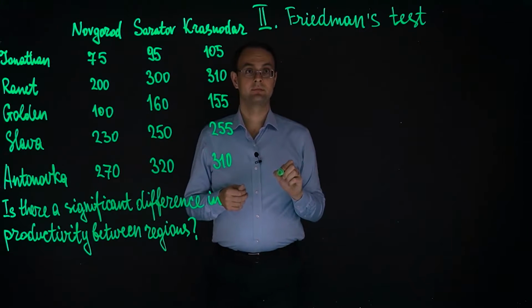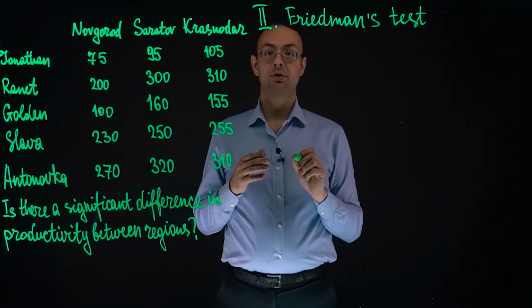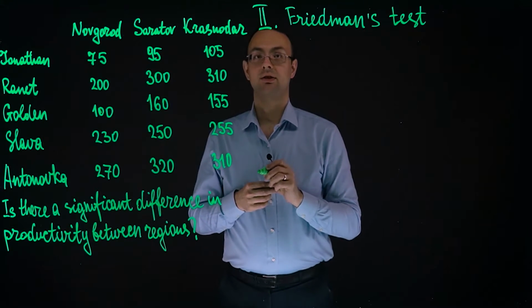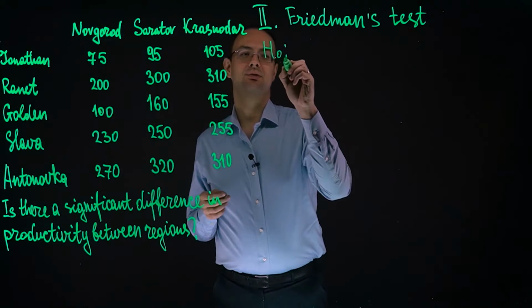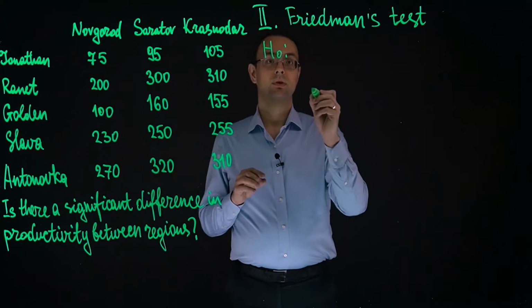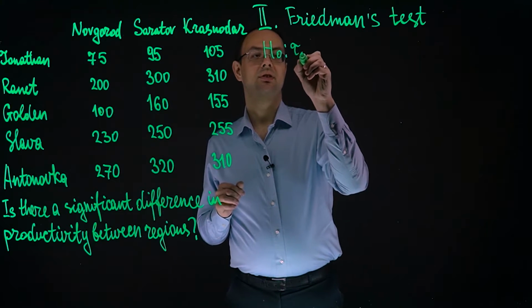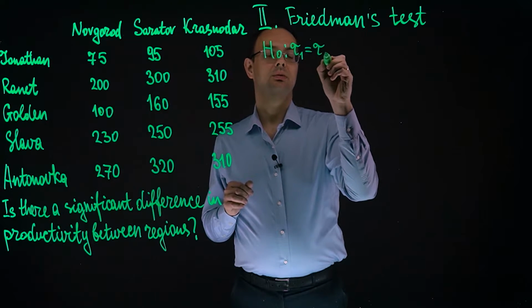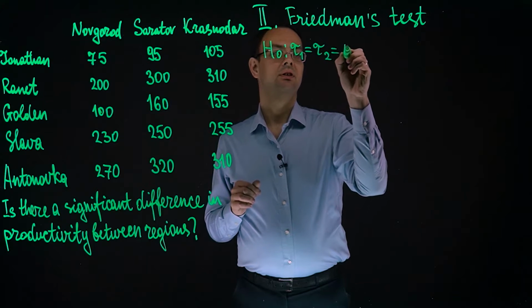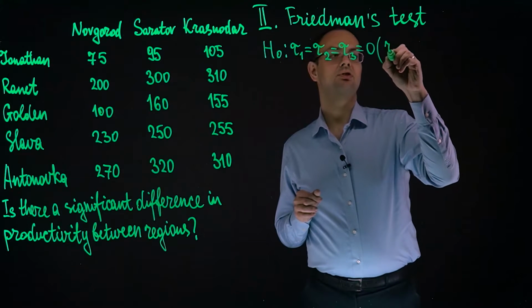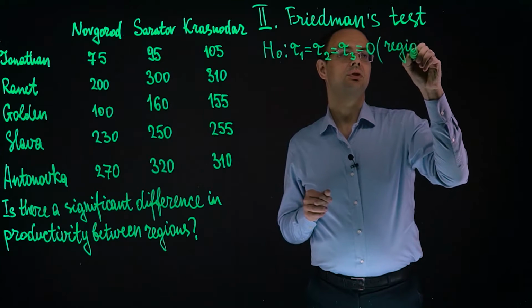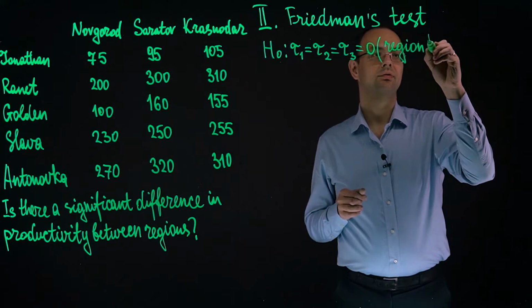So we will test the same hypothesis, so that now I guess I'll have enough space to write it down. So the hypothesis that our tau terms are 0, this means that the region has no effect.